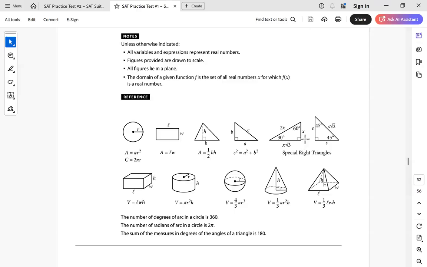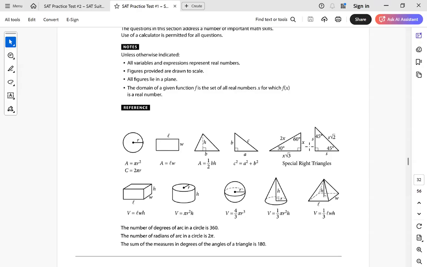This is one of our other formulas. So you can see that when you have a 60 degree, 30 degree, 90 degree right triangle, if the hypotenuse is 2x and the length of one leg is x, then the length of the other leg, the missing leg in our case, would be x times square root of 3.